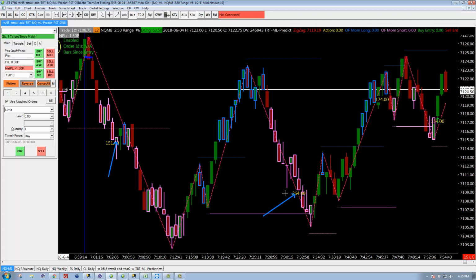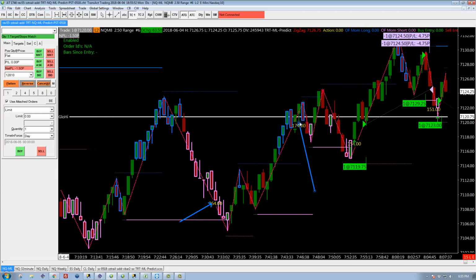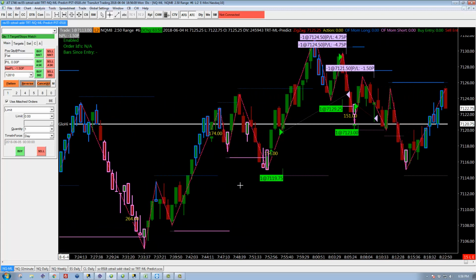You can see that's a short, but it's too late, right? This is why we don't take it. Same thing there on the long, 174. These codes are not even in the list of things we would consider because they're very aggressive. You basically put those in when you have conditions where the market's just running like crazy. So normally we exclude those.